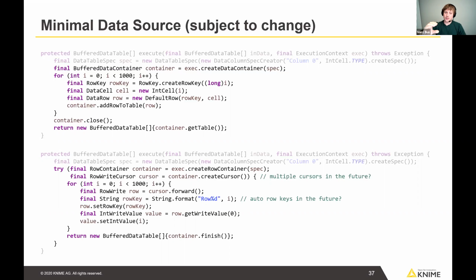And when your cursor goes forward, this int write value will go forward with it. So you don't have an extra object allocation. But you still have to somehow say, okay, at this particular column 0 in this case, we're writing ints. And that's why you still need an int write value. But no longer do you need an int cell at every place.